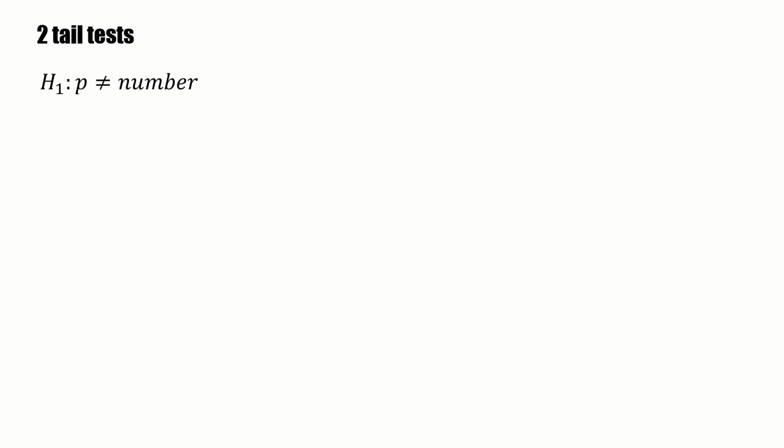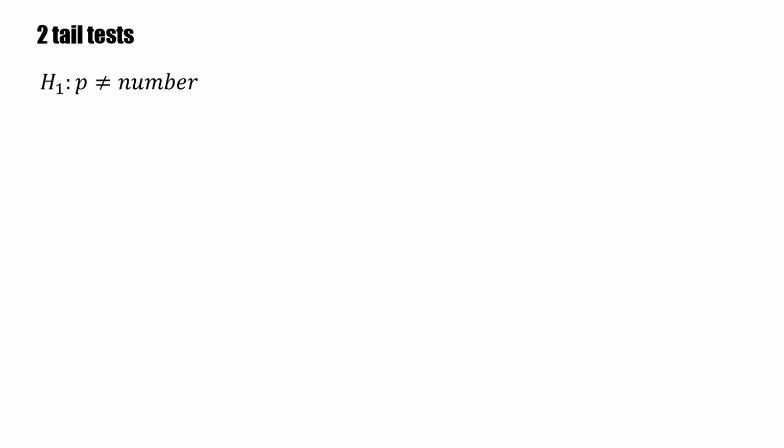It's not telling you for sure P is less than, pointing towards the lower end of the number line, and it's also not saying P is greater than a number, which would head towards the upper end of the probability number line. So as it's not equal to, we've got to end up looking in both directions.